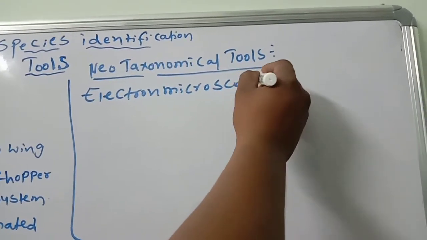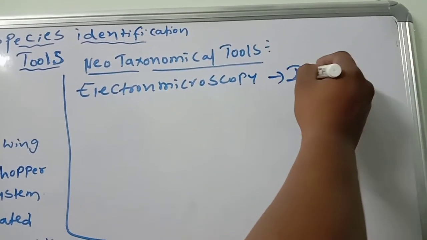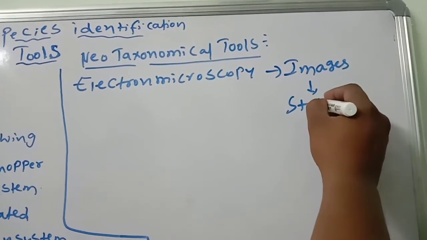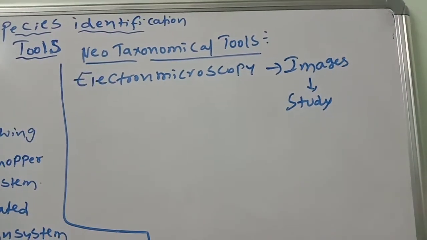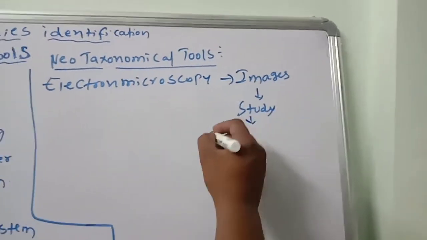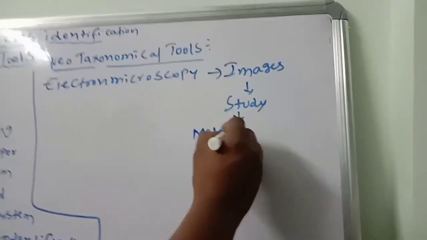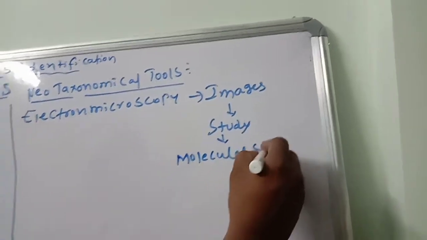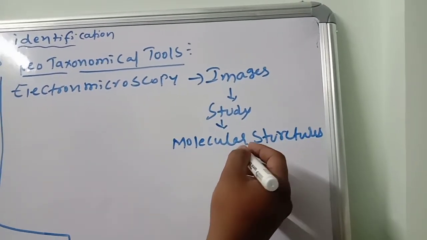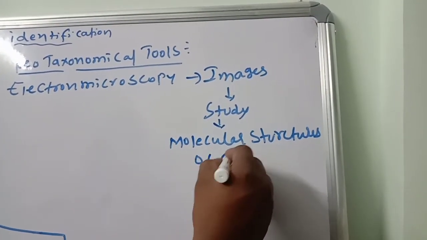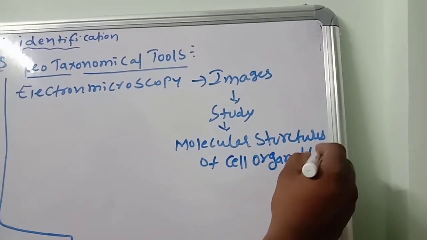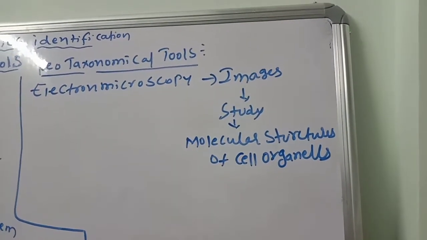The images will be studied. That is what these are called neo-taxonomical. The study of molecular structures: molecular DNA, RNA level structures, and, as you know very well, cell organelles. Those structures we can also study.